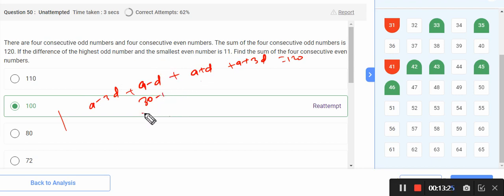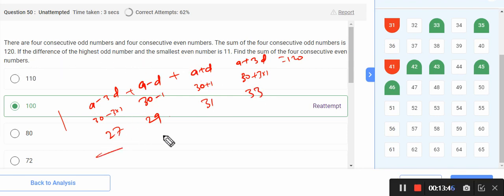So if I subtract and add 1, 30 plus 3 into 1, 30 minus 3 into 1, we'll get all the consecutive odd numbers. So this is 27, 29, 31 and 33.